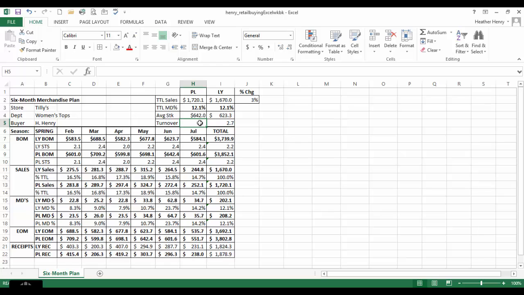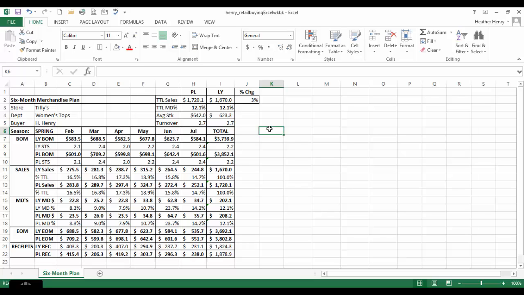And we will figure out our turnover once again. We will take our sales, divide it into our stock, and we will also get the same 2.7 turnover rate that we have this year as well as what we had last year.